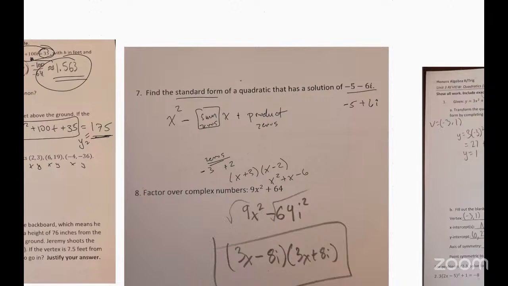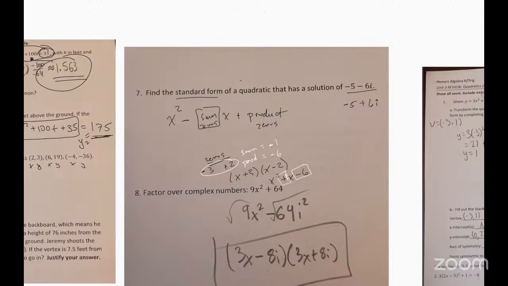And what's the product? Multiply them: -6. So this is always your product right there, and this is always the opposite of your sum. So look at my little formula here. The sum of the zeros goes there and the product of the zeros goes there.